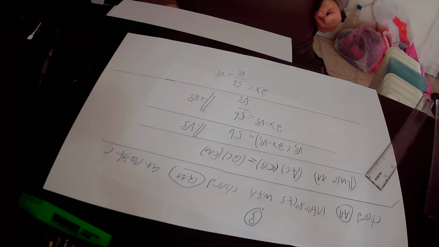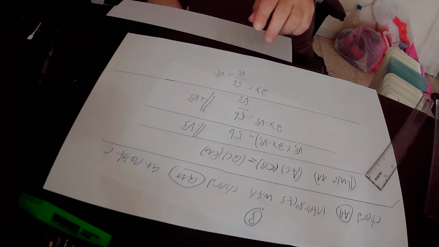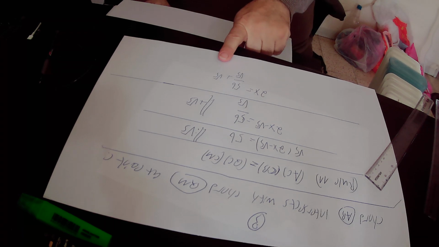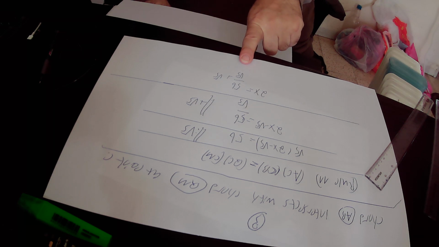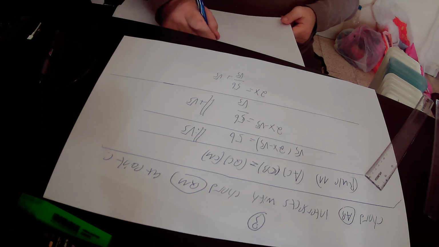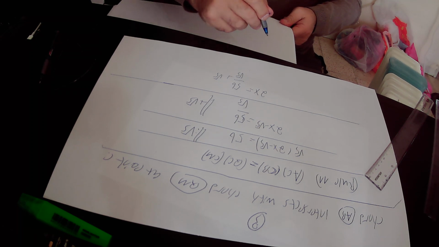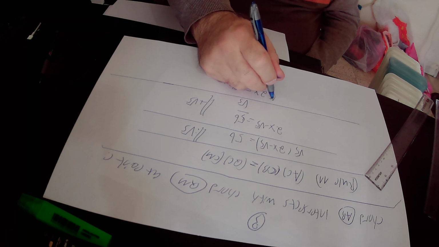Okay, so we'll focus on this side of the equation, and we will multiply square root of 5 by square root of 5, and then we will divide it by square root of 5 in order to have a common factor with this expression. This will be equation number 1.